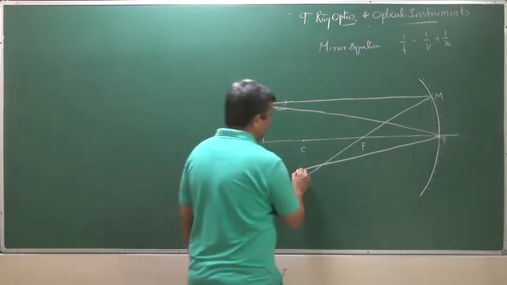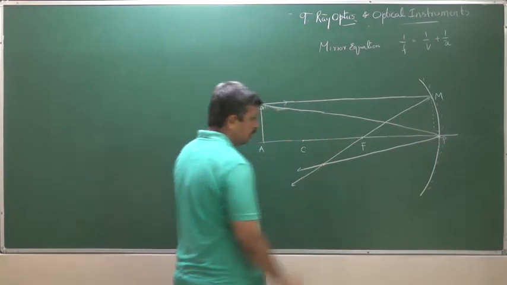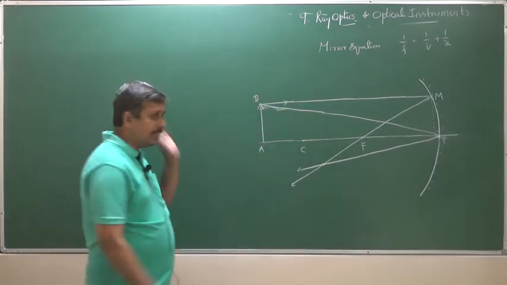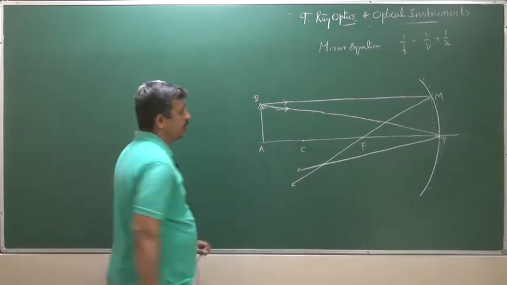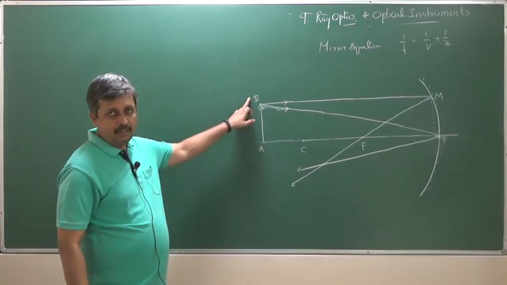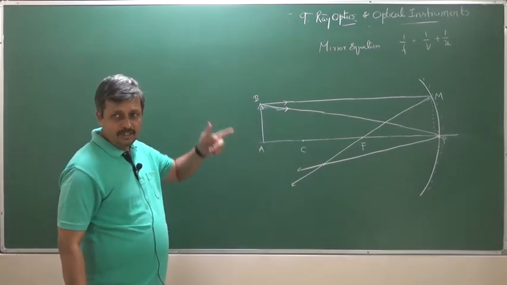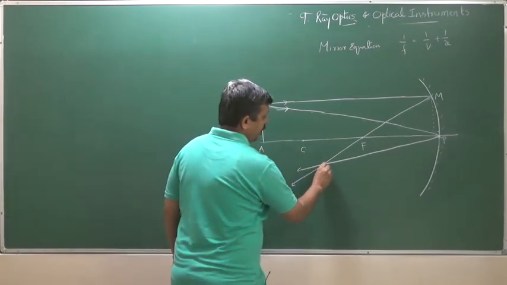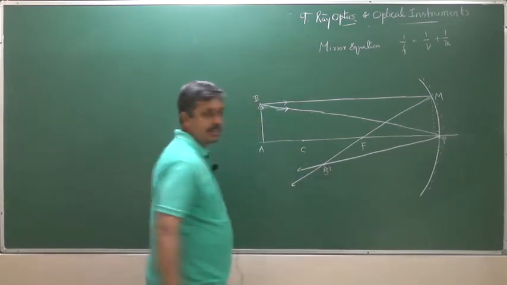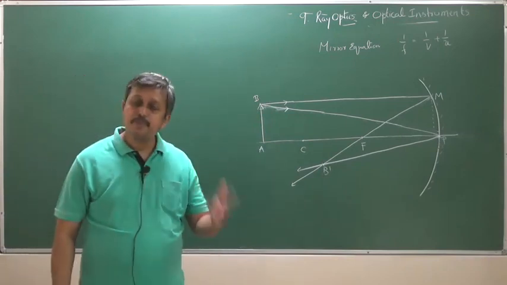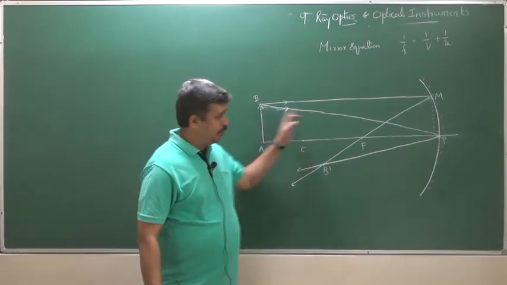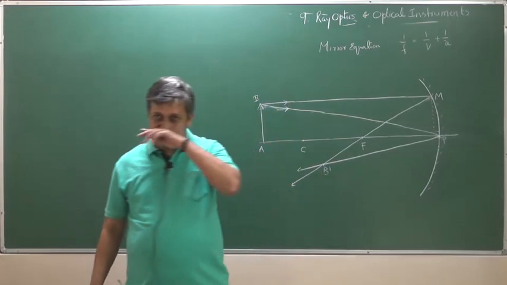So these two rays actually meet here. What have I done? I have taken two rays starting from B, and both of those rays meet at this point, which I will call B dash. Even if I take many more rays from B, they will all meet at B dash.